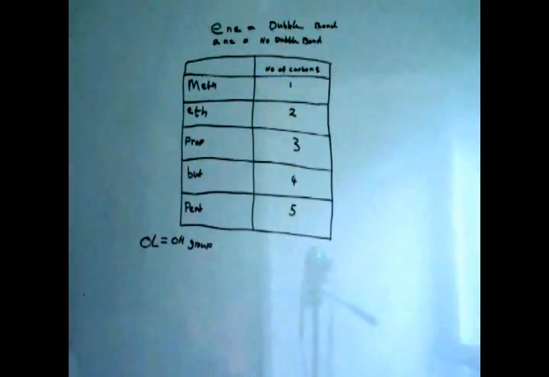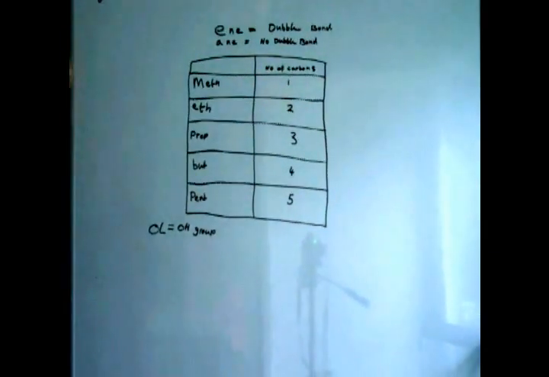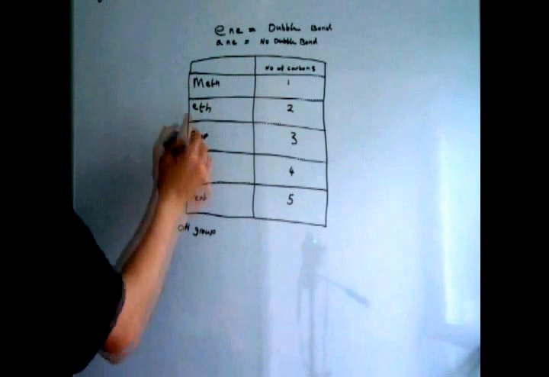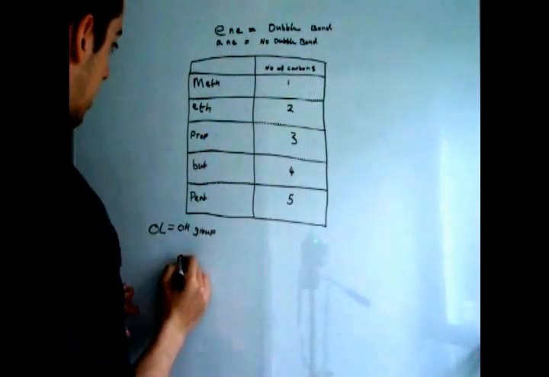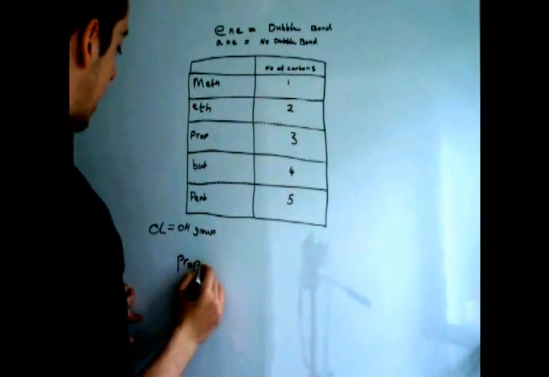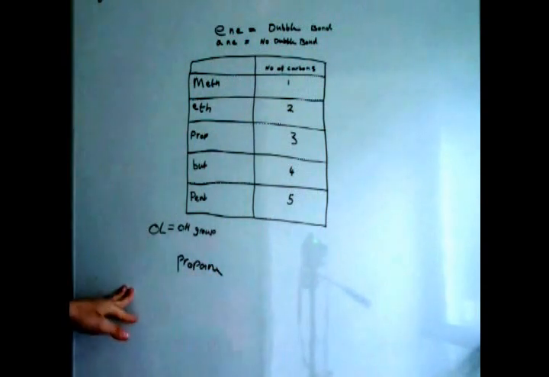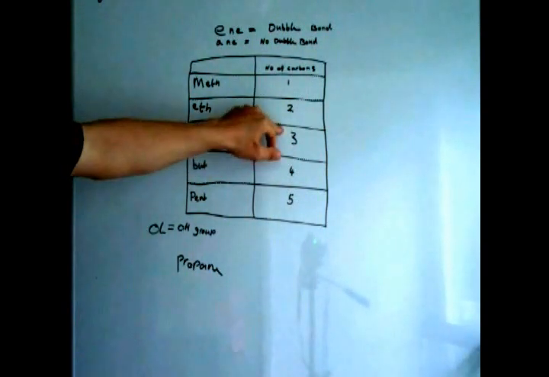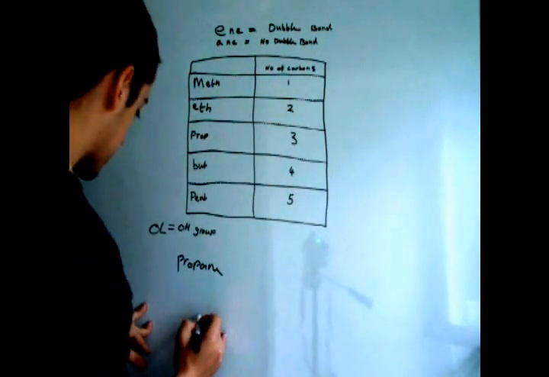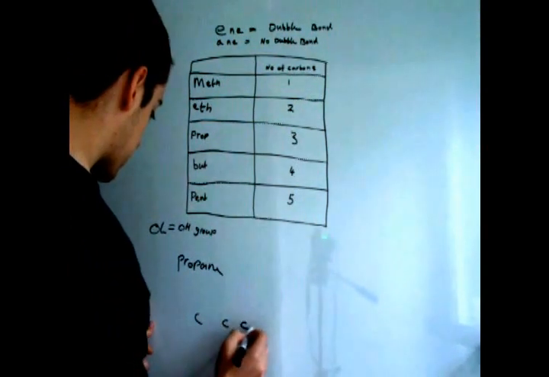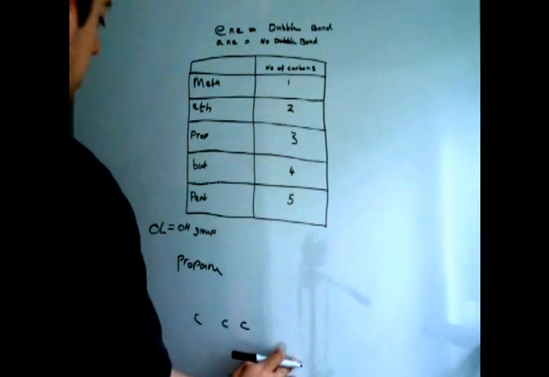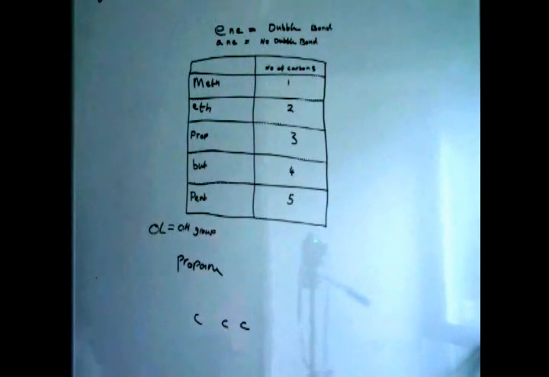So, just a little example, propane, P-R-O-P-A-N-E, we know it's got 3 carbon atoms. So just remember that each carbon atom has got 4 valencies.